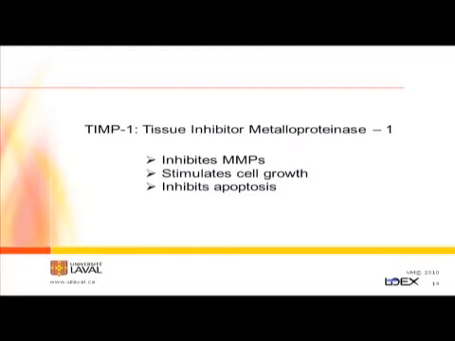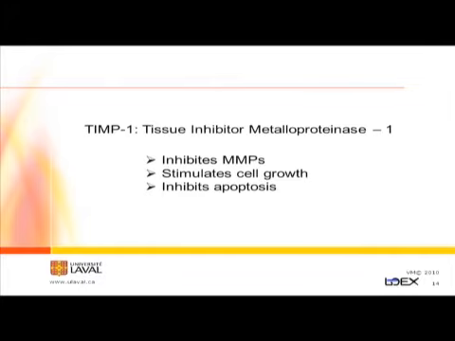We isolated and sequenced these spots, and they contain mainly TIMP1. What is TIMP1? It is tissue inhibitor of metalloproteinase 1. Of course, it inhibits MMPs or collagenase, but it has also been shown to stimulate cell growth or inhibit apoptosis.